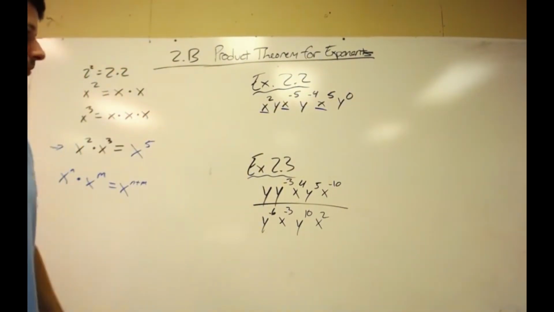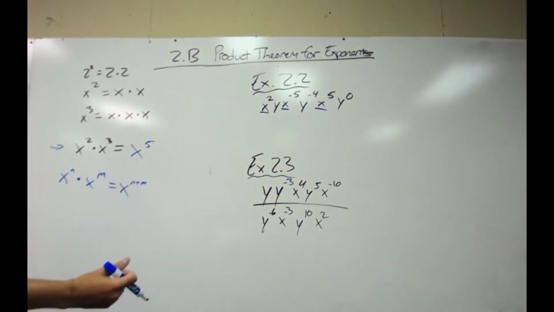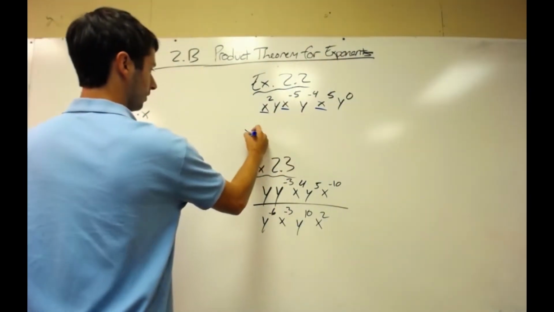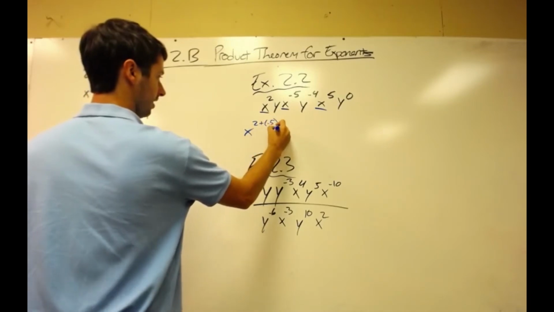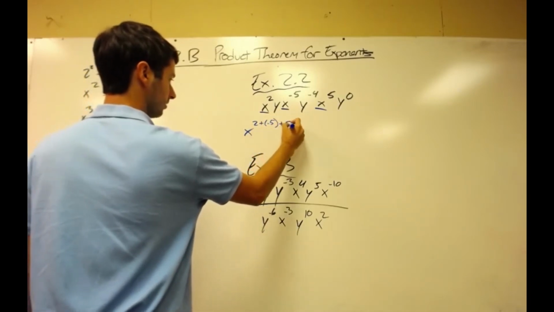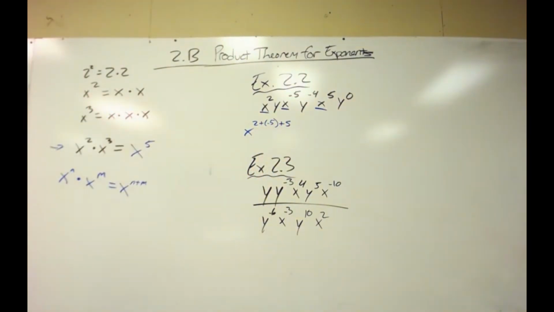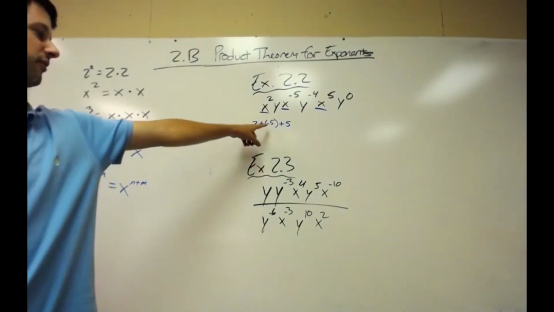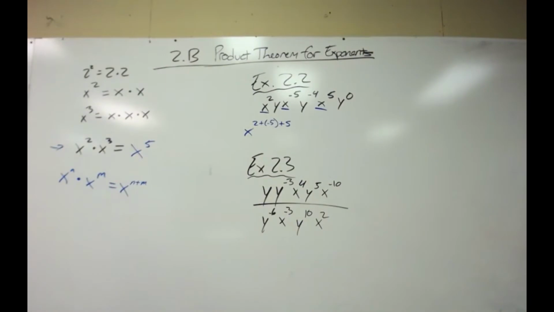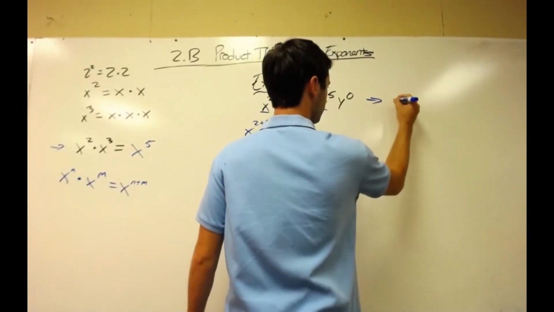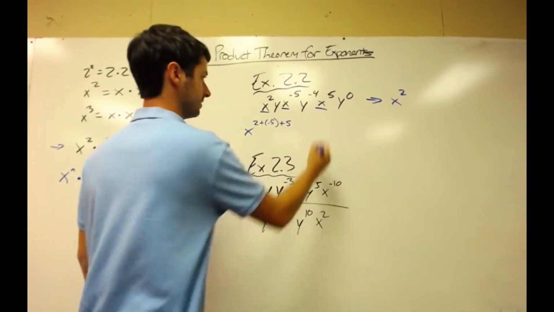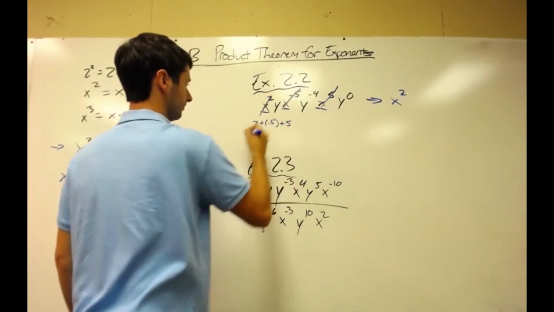So what we simply do is add the exponents for x: 2 plus negative 5 plus 5. And that would simplify x. 2 plus negative 5 is negative 3, plus 5 would be 2. So x squared. So we got rid of the x's.